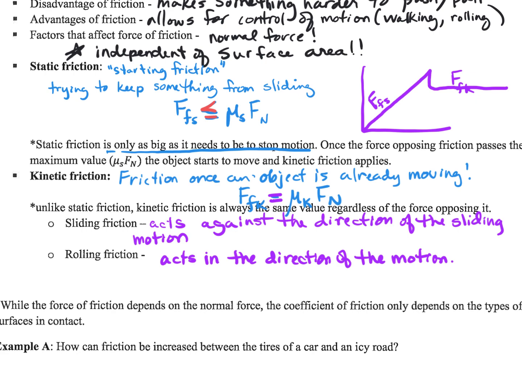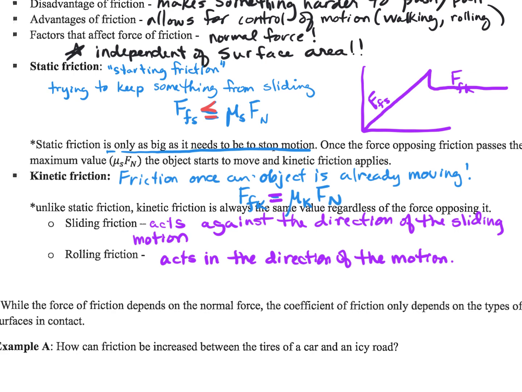What? Wait a minute. Didn't you just say up at the top, Miss Duffy, that it always acts against the motion? It is still acting against the motion of the wheel itself that's turning. Think about it. The car is going forward. The wheel is moving what? Backwards, isn't it? So if the wheel itself is turning backwards, which direction is the friction? Forward.